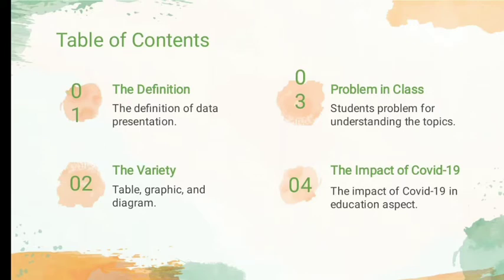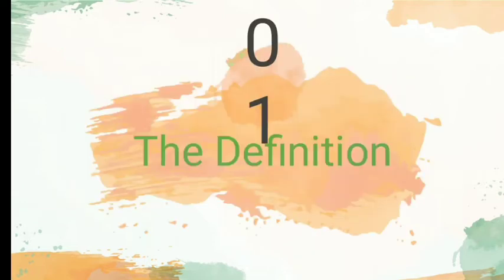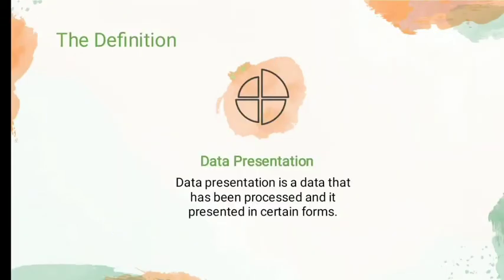The first is the definition of data presentation. Data presentation is one of the activities in the report on the result of research that has been carried out, so that it can be implemented and analyzed according to the desired objective.